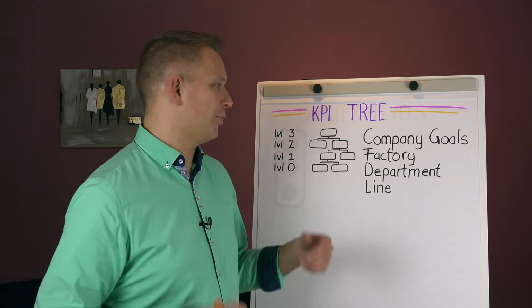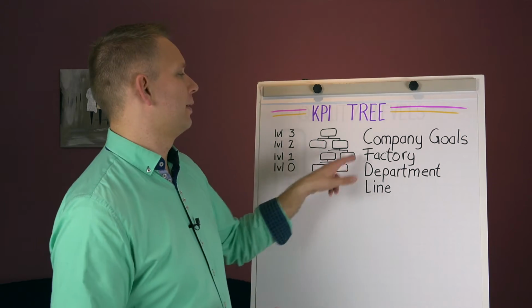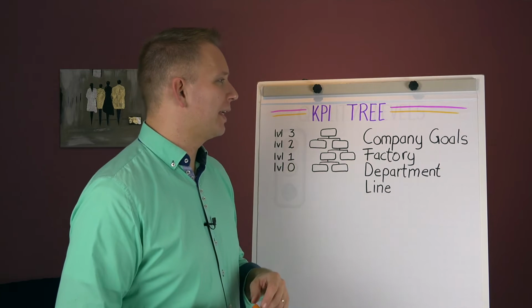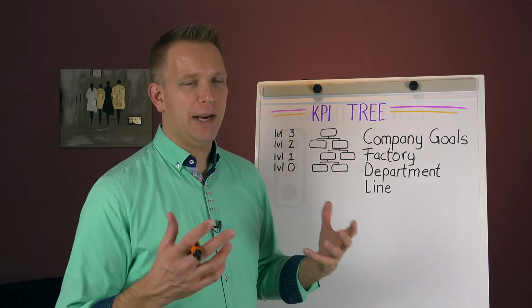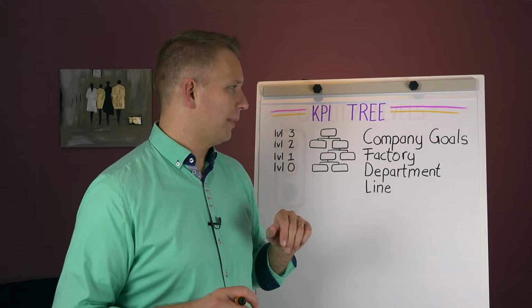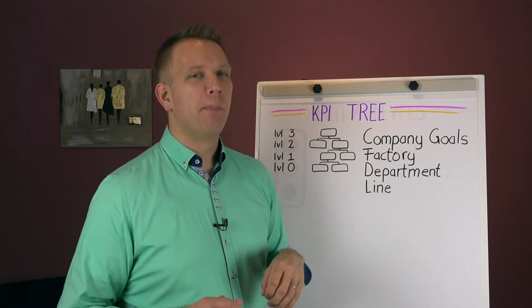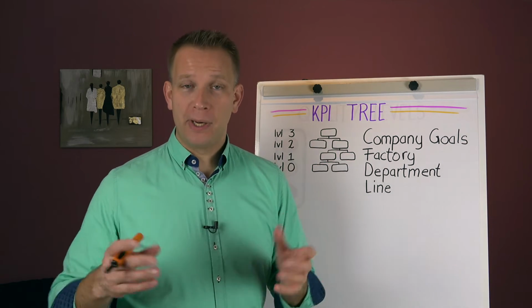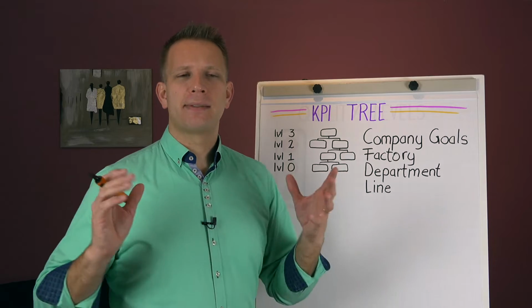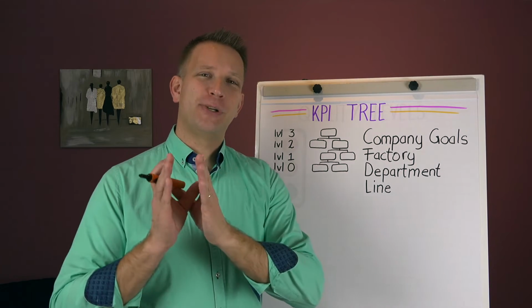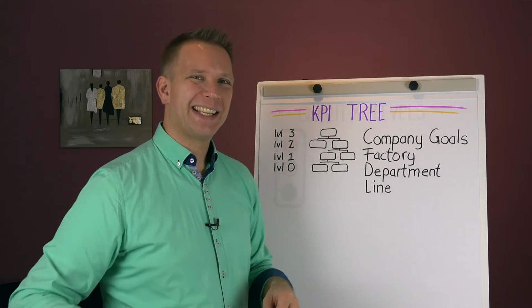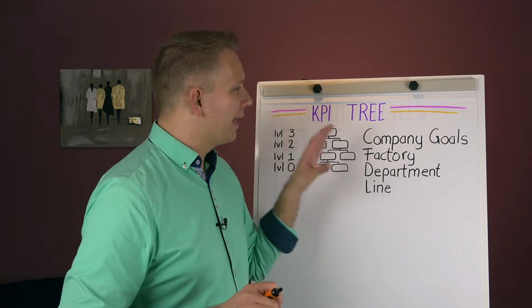Depends a little bit, of course, on the size of your factory. And then your company goals, you're not going to manage that every day. Now, I know some companies that really like to do this in a weekly cadence, although monthly is much more common. Now, there is some spread in that, and that is not for nothing. There are actually also separate topics, but let's keep that to a separate video.